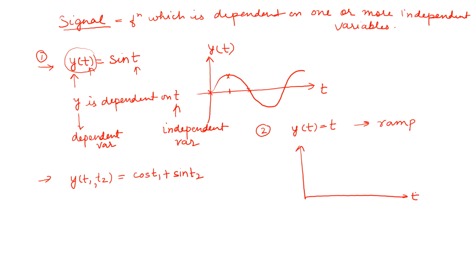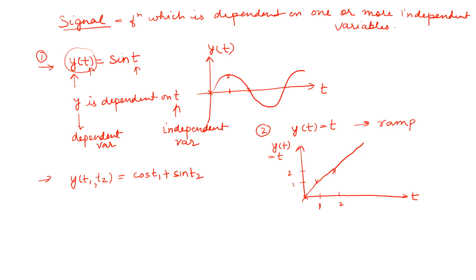So if I plot this signal, t with respect to y(t), which is also equal to t, if I take t equal to 0, I'll get y(t) also equal to 0, because ultimately y(t) is equal to t. If I take t equal to 1, I'll get y(t) also equal to 1. If I take t equal to 2, I'll get y(t) also equal to 2. And if I join all the points, I'll get a straight line like this. This is called a ramp signal.